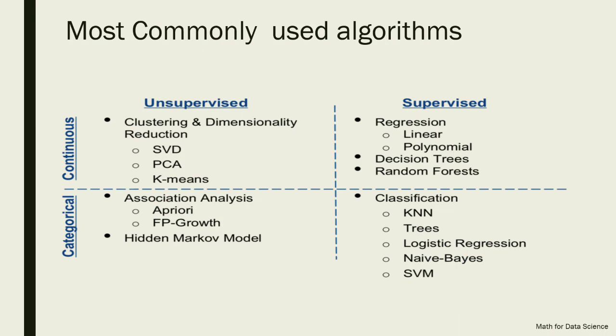For the unsupervised categorical, there are the Apriori association analysis and the HMM, that is the hidden Markov model. And for the supervised categorical, it is KNN, trees, logistic regression, naive Bayes, SVM. We'll go through different examples and the implementation of algos further in Python and conceptually both. First, we'll discuss the concept and manually solve the problem, and then we'll implement it in Python.